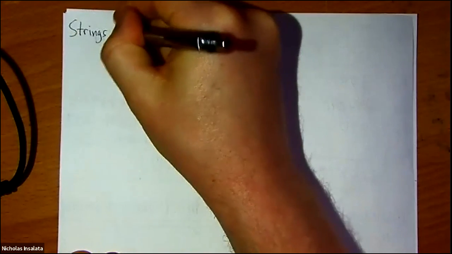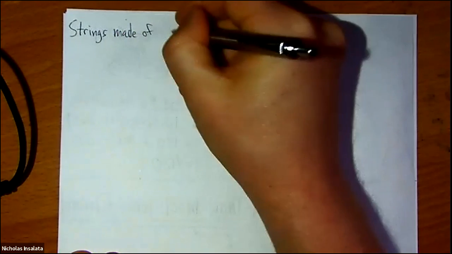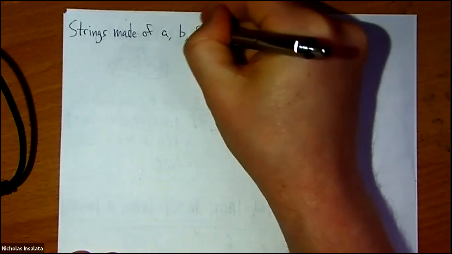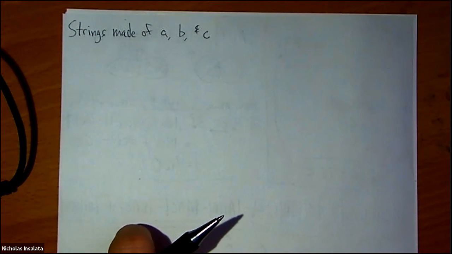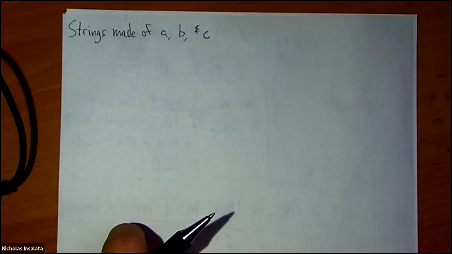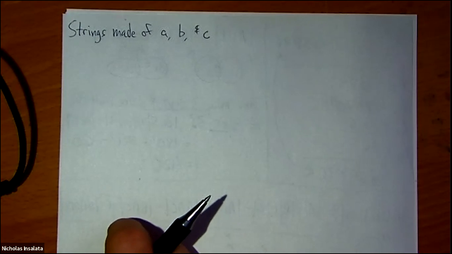All right, so let's try another one. Let's try one of these recurrence relation ones and see how these things work. So consider the set of strings of A's, B's, and C's. So we have some strings made of A, B, and C. Okay, the first part here is list the strings of various lengths that don't contain the pattern AA.